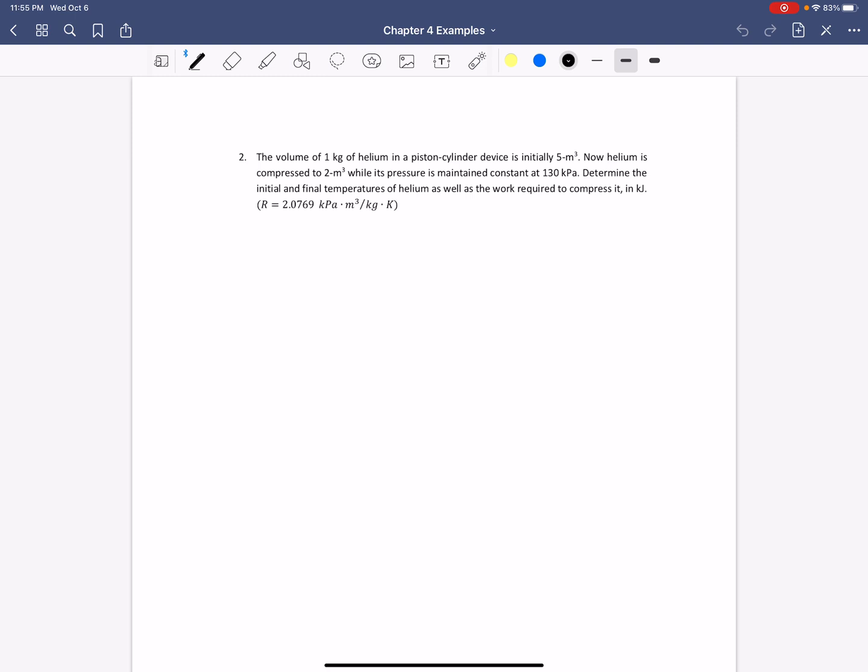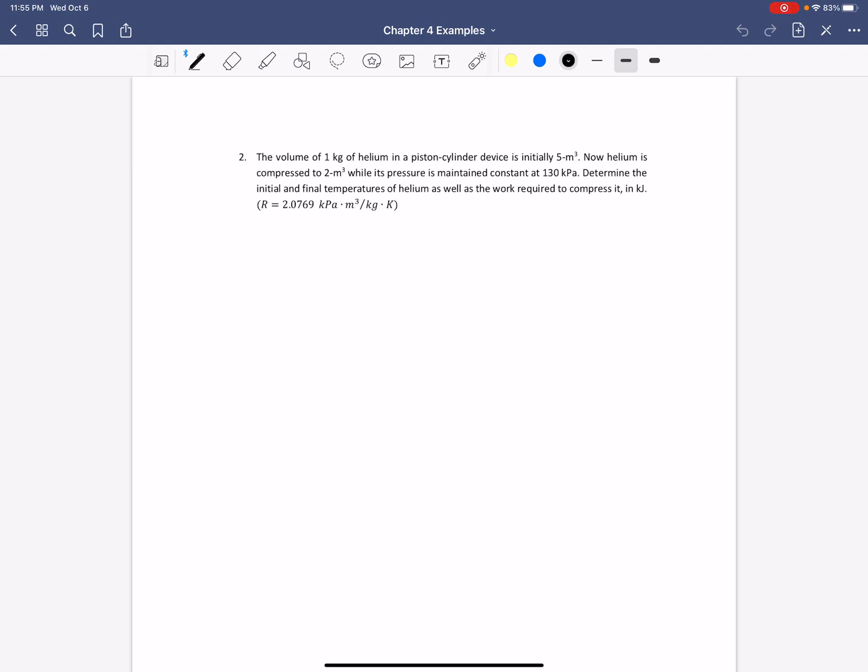The volume is getting smaller, but throughout the process the pressure is constant. Now, to figure out the initial and final temperatures of this gas and the boundary work, to figure out the temperatures, we can use the ideal gas equation, right?